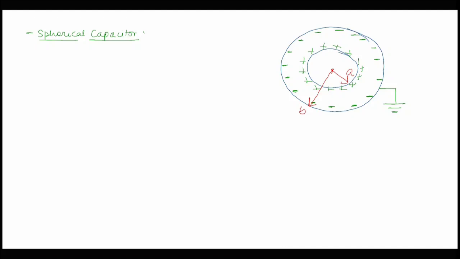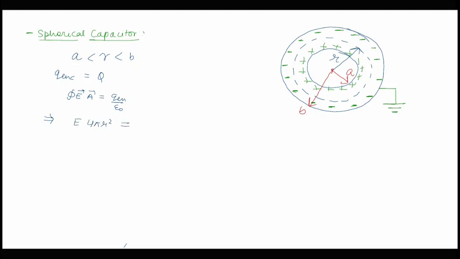So if we consider a Gaussian surface at a distance r which is greater than A but less than B, so we are considering a Gaussian surface somewhere here, at a radius r which is greater than a but less than b. So over here I write that the charge enclosed is going to be plus q, and if I use Gauss law, we can say E dot A is equal to q enclosed by epsilon naught, and the value of electric field can be calculated in this way: E times 4 pi r square is equal to q by epsilon naught.